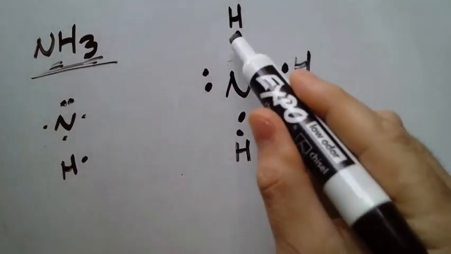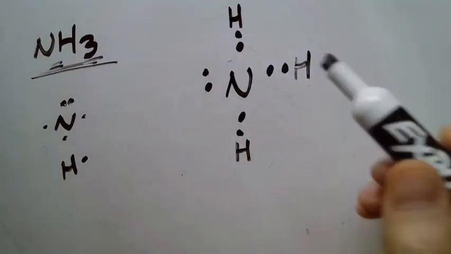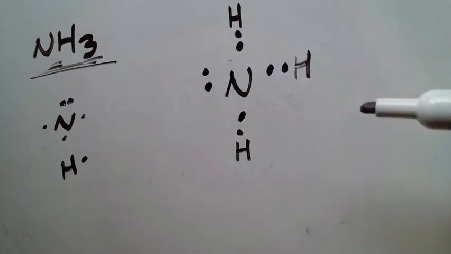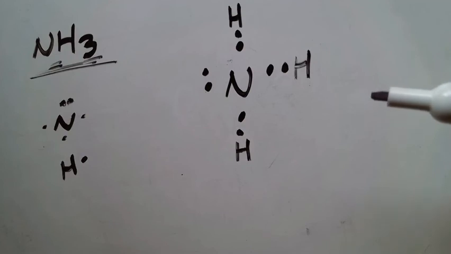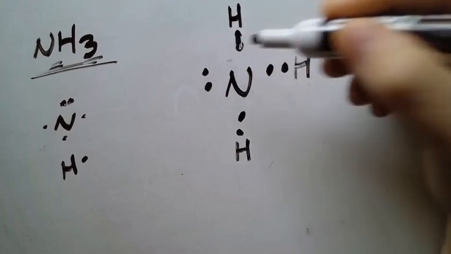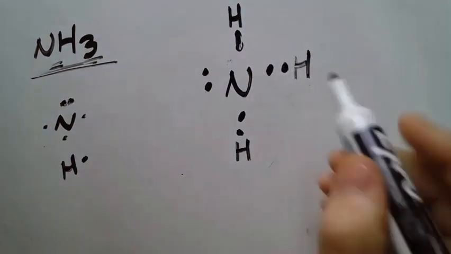Now, these 2 dots represent the electrons that nitrogen and this hydrogen are sharing in a bond, okay, a covalent bond. And then to represent the bond, I simply connect the dots. And they have now a dash between them.